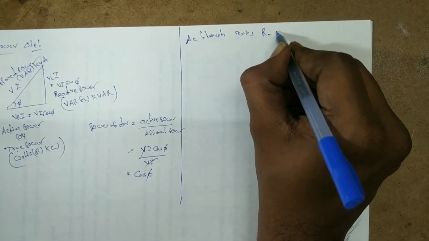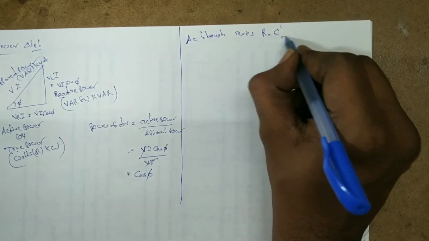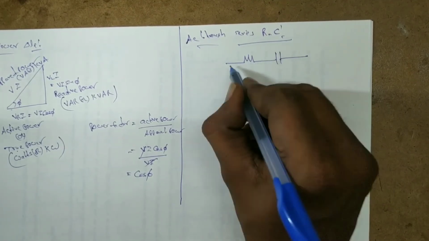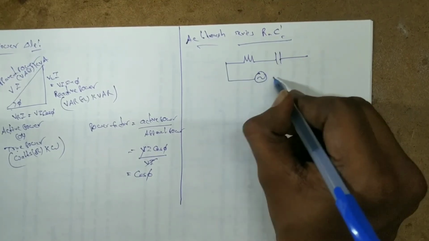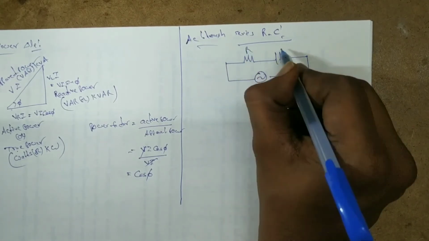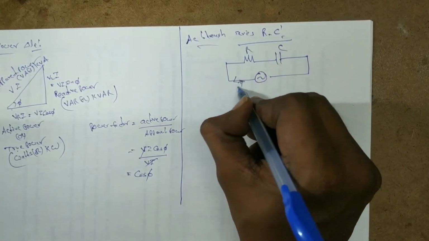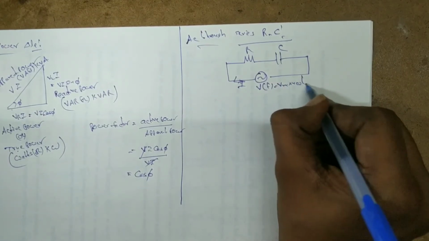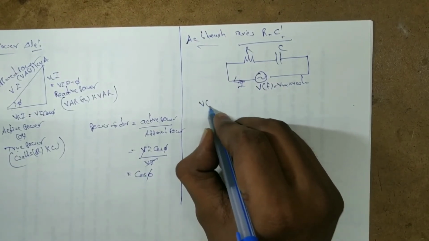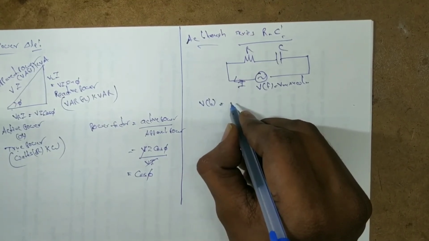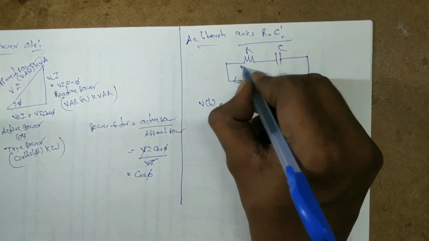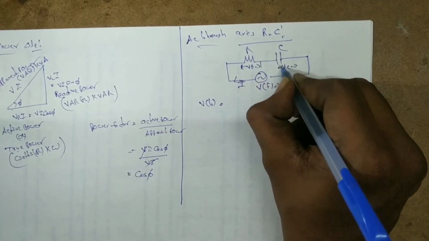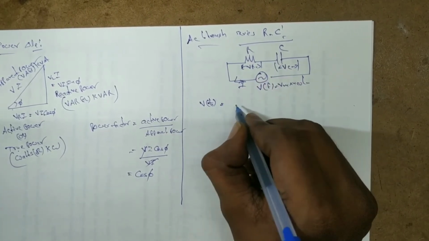The circuit consists of a resistance and a capacitor in series along with the AC supply, V of t equal to Vm sin omega t, and R and C. Let current I be flowing in the circuit. So the total voltage V equals the voltage drops across R and C, that is VR and VC.